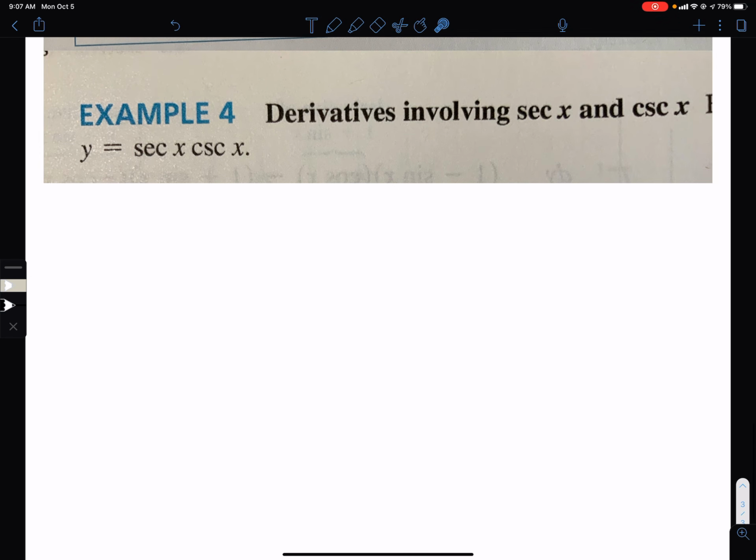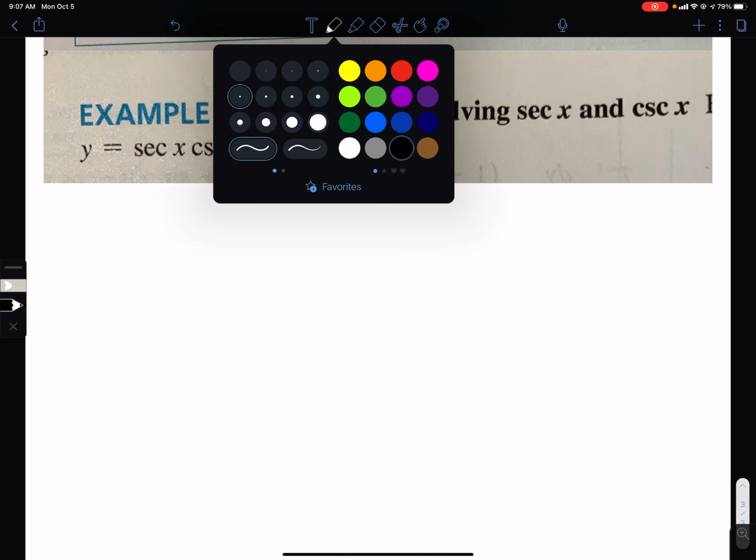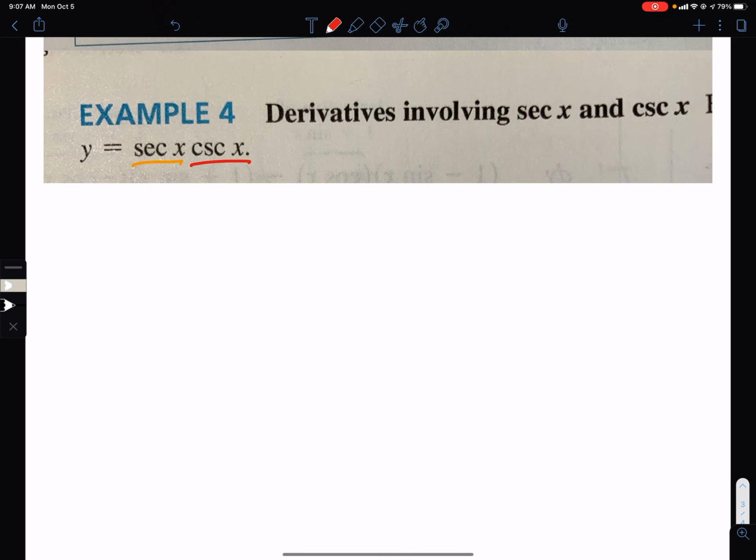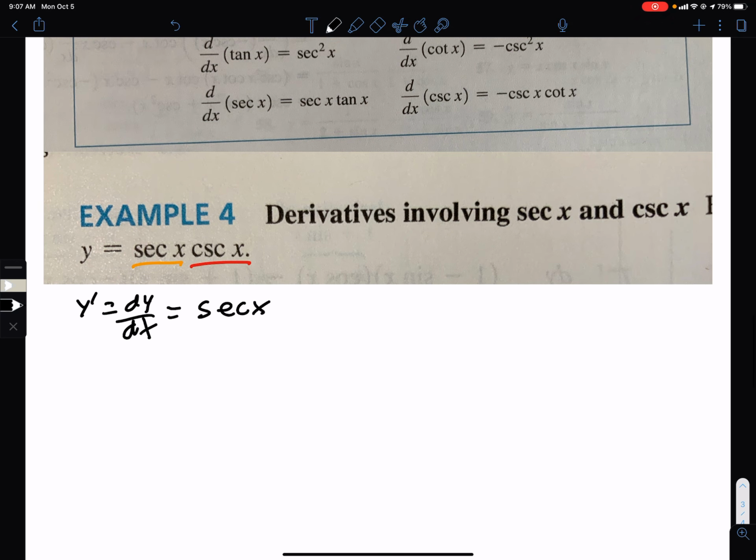So let me do this example. You should notice a product, a secant times a cosecant. So we will use the product rule here, and we just have to be careful. Let's see, y prime equals dy dx. We leave the first alone, and we take the derivative of the second. What's the derivative of the cosecant? Well, we just learned it.